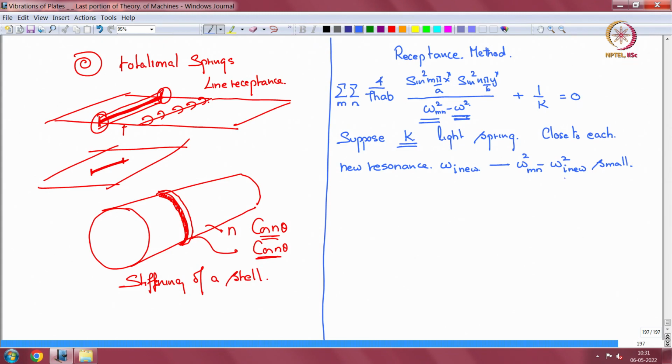Around each omega I nu, this term will dominate because it is in the denominator.